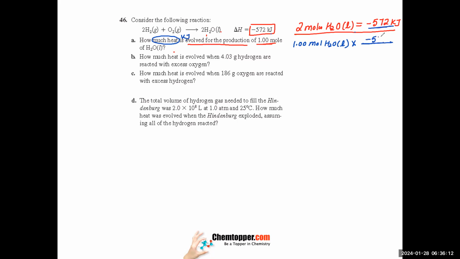Minus 572 kilojoules over 2 moles of H2O liquid. So what's the answer? You just divide this 572 by 2. What is the answer? Minus 286 kilojoules. Right?